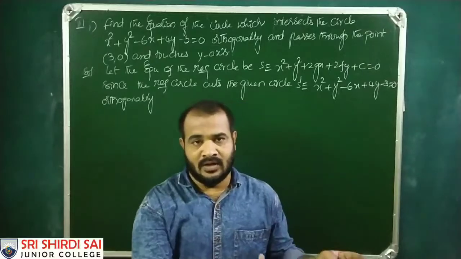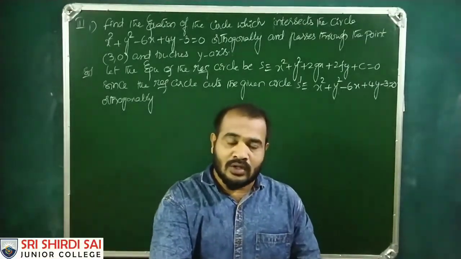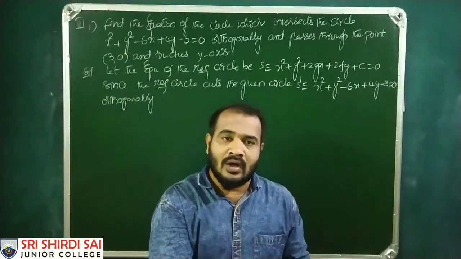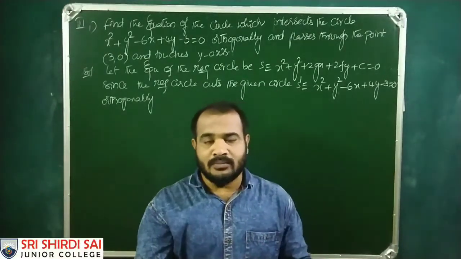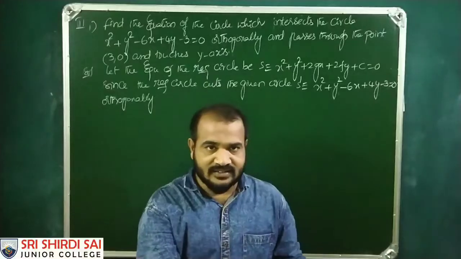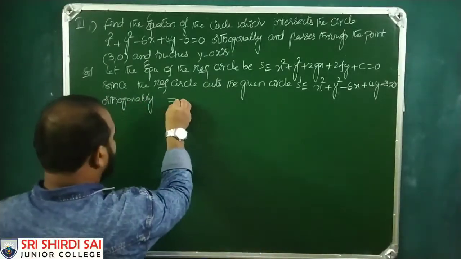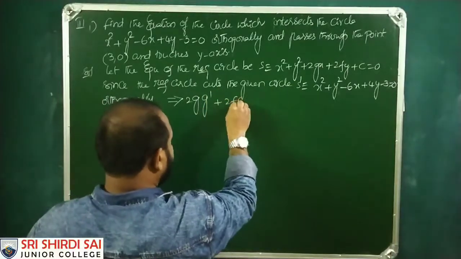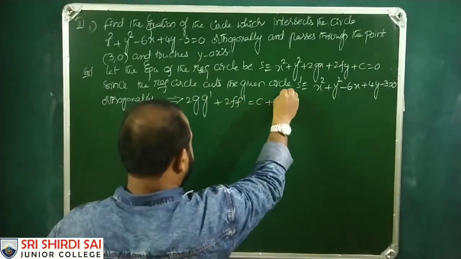Please remember this. We have been using this condition of orthogonality for all the problems in this exercise: 2gg dash plus 2ff dash equals c plus c dash.